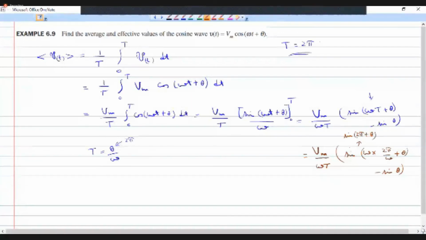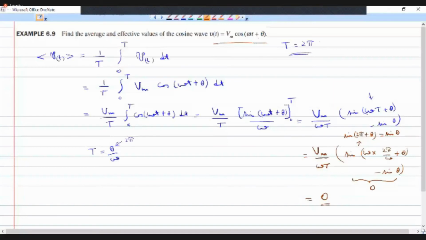Sine is periodic with period 2 pi, right? So this is nothing but sine theta. So it is sine theta minus sine theta, so that the whole term becomes equal to 0, right? So we have the average value of this function, Vm cos(omega t plus theta), is equal to 0. So this is the conclusion.